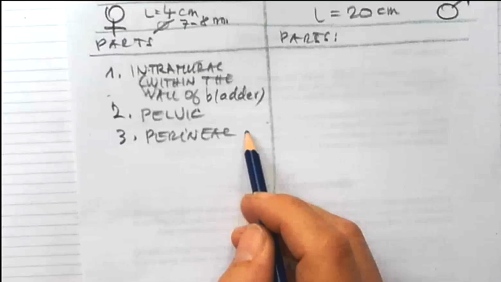The female urethra descends connected with the anterior wall of the vagina, and then it forms here in the vagina what we call the crista urethralis, the urethral crest of the vagina.